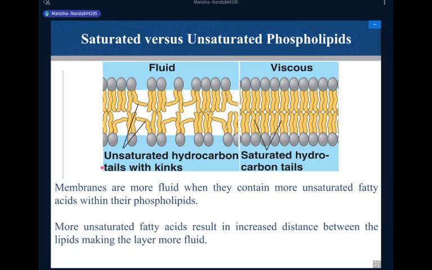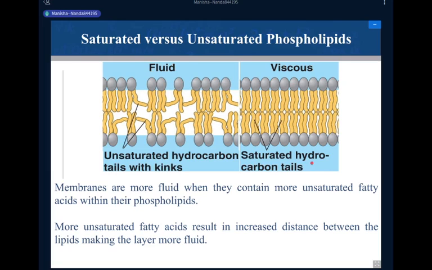Okay. So it is seen that depending upon the degree of saturation and unsaturation in the hydrocarbons that form the phospholipids, it decides whether the membrane is going to be fluid or viscous.